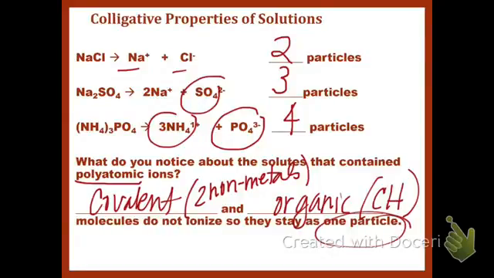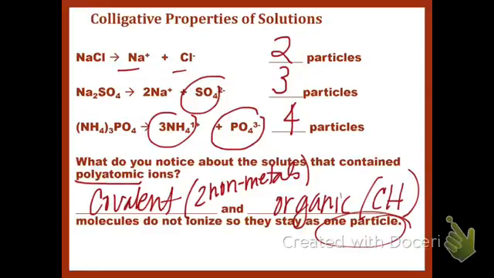We talked about that when we talked about solvation, and we said sugar is an organic molecule. It's also covalently bonded, and it stays together. It dissolves, but it stays together as one sugar molecule, not like the sodium, which splits apart. Okay, so when you see those, they only have one particle. So you have to take that into account on the effect that it's going to have on the property.